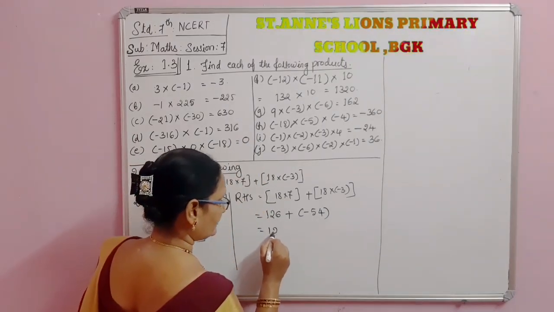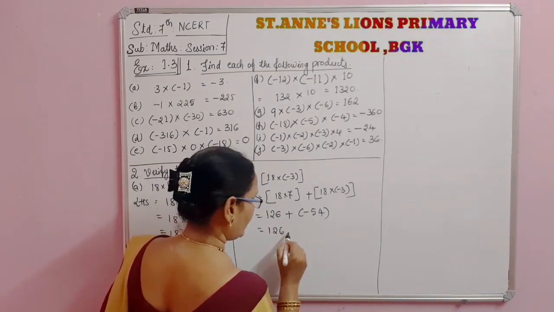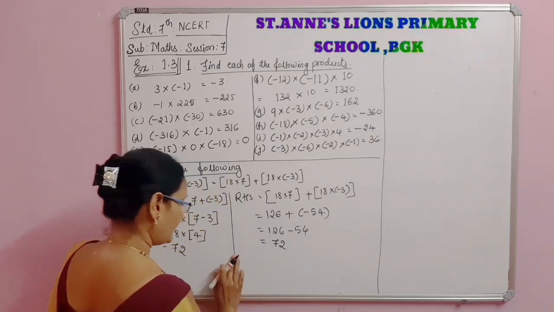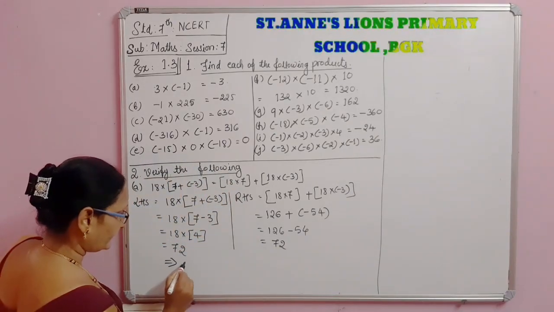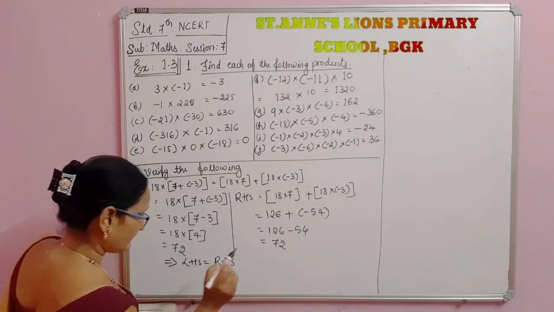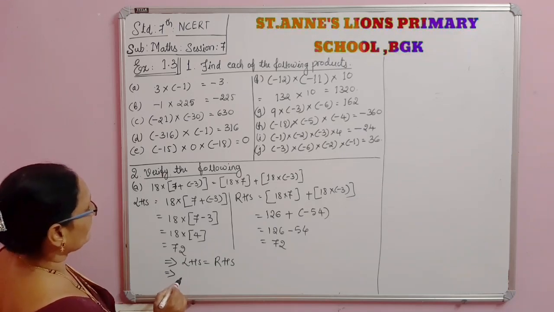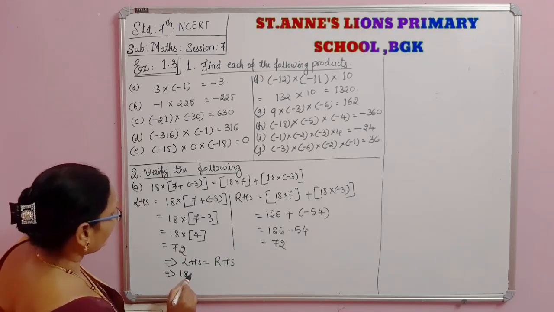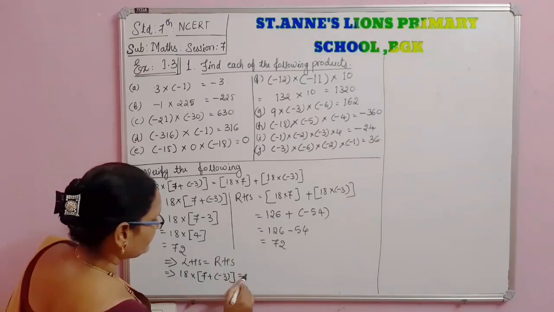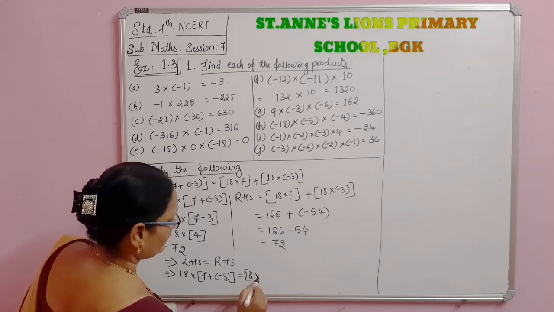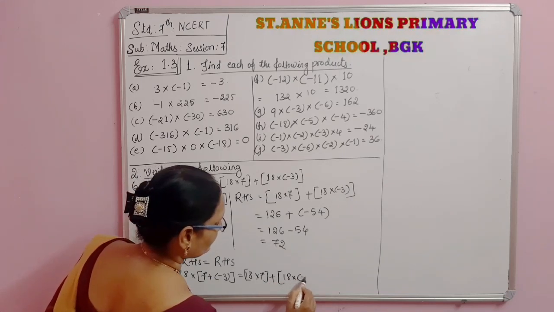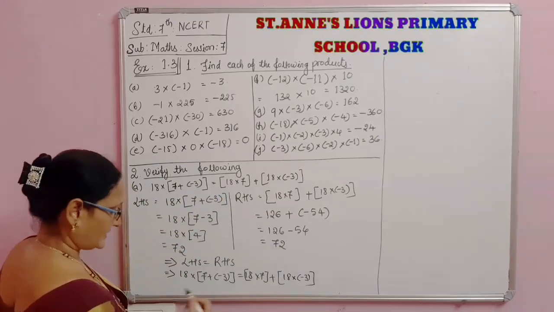See, 126 plus into minus 54 is equal to 72. So this implies that LHS is equal to RHS. That means 18 into bracket 7 plus minus 3 is equal to 18 into 7 plus 18 into minus 3, is verified.